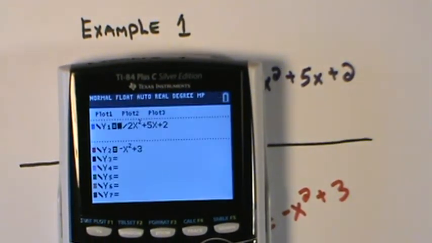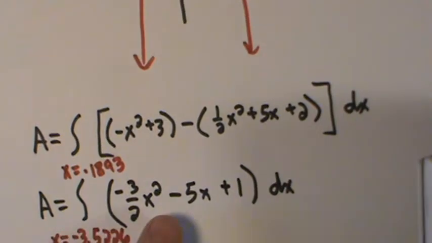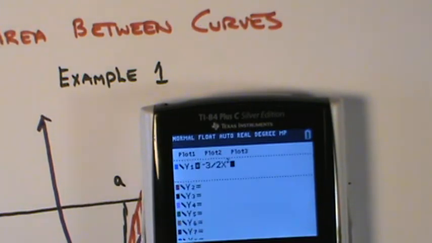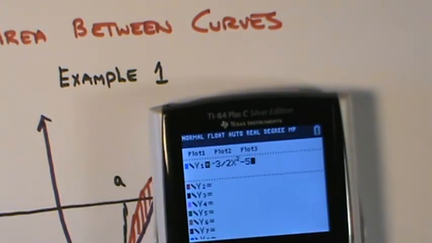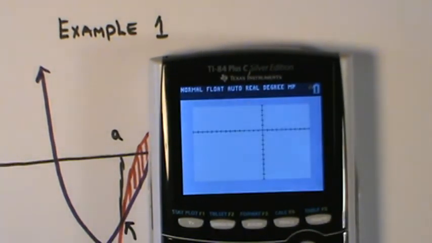I'm going to go to the y equals. I'm going to clear out both of those functions. And I'm going to type in the refined integrand that I have down here: negative 3/2 x squared minus 5x plus 1. And then I graph that.